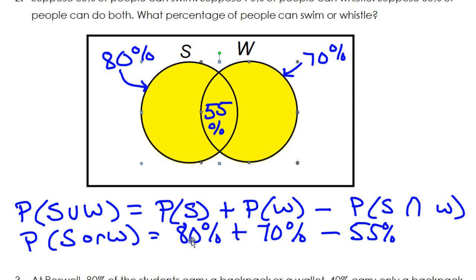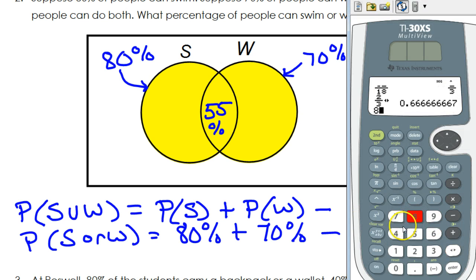So 80 plus 70 minus 55. We really shouldn't need a calculator for this, but just in case. That is 95%. So 95% of the people can do at least one of these things.